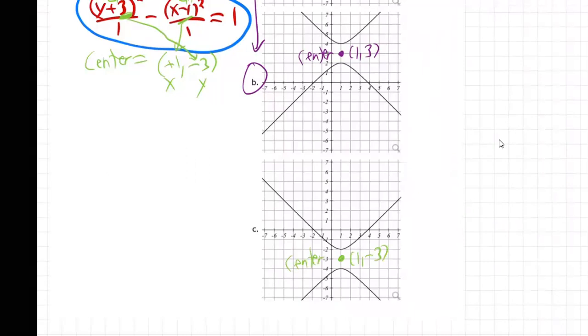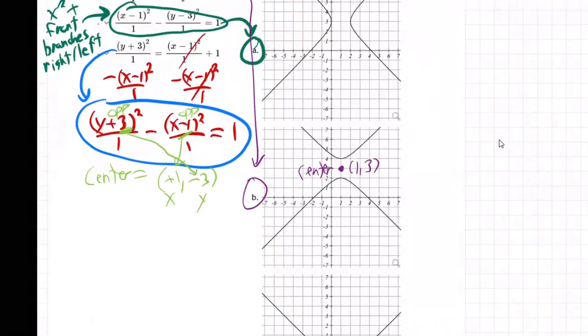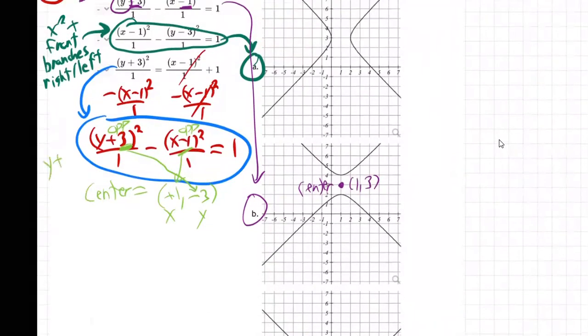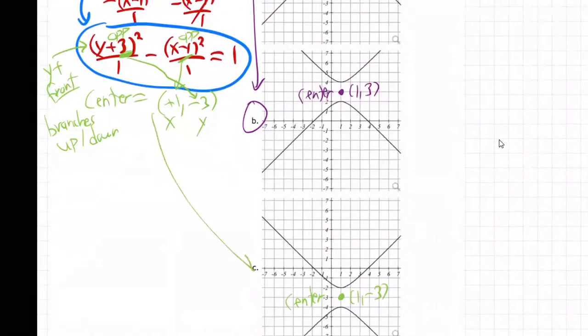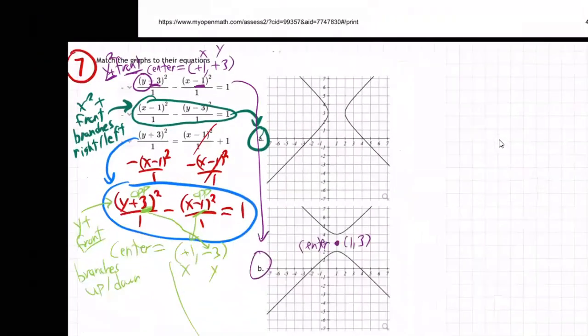That's the center of that graph. And the branches go up, down. So we see y is positive in the front, so branches go up, down. Right here. Y is positive in the front, branches go up, down. That's beautiful. So that is C right there. That one is C. So there we go.